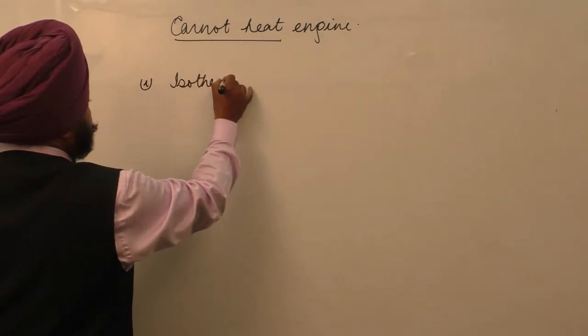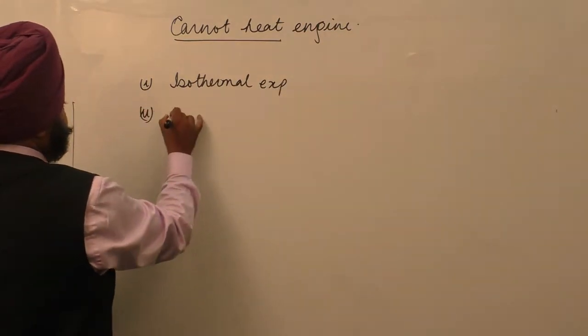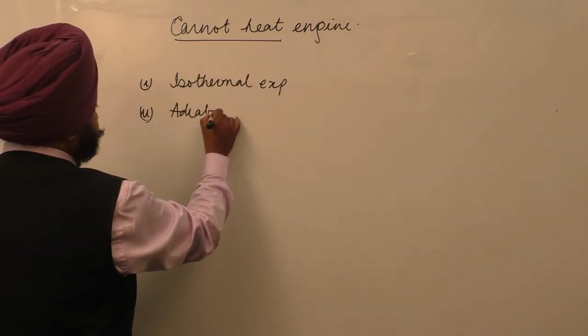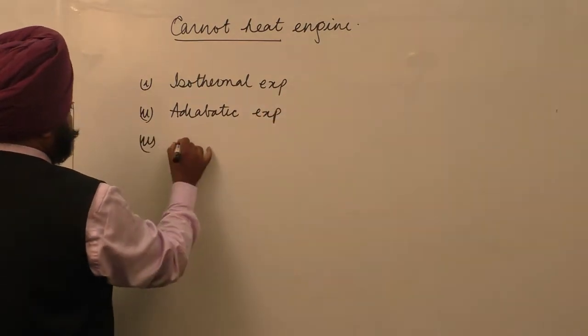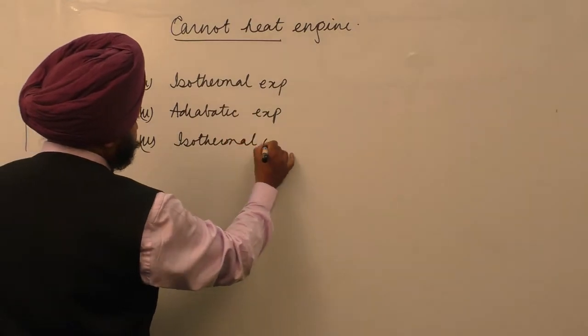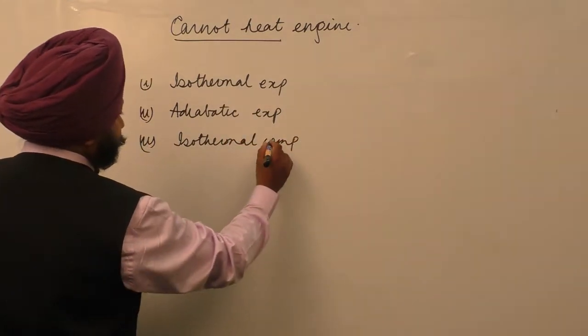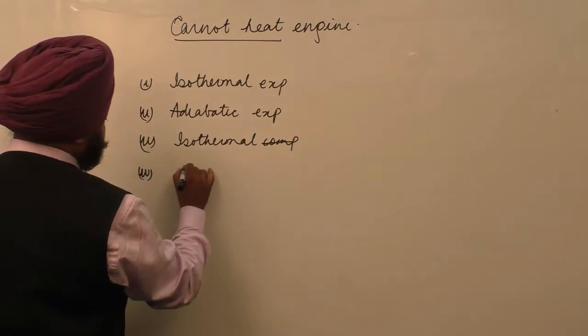That is number 1, isothermal expansion, then number 2, adiabatic expansion, number 3, isothermal compression, and number 4, adiabatic compression.